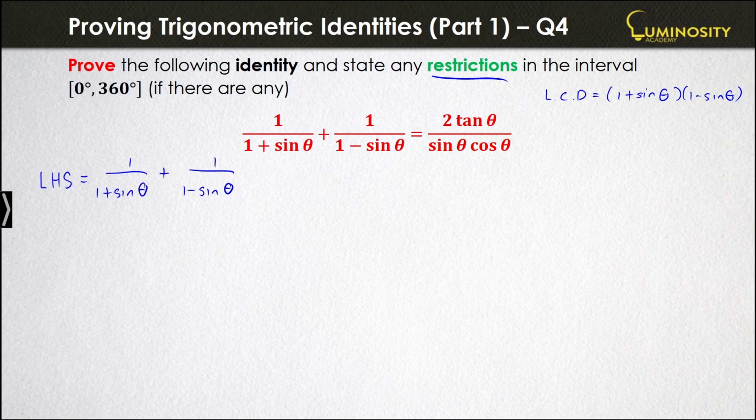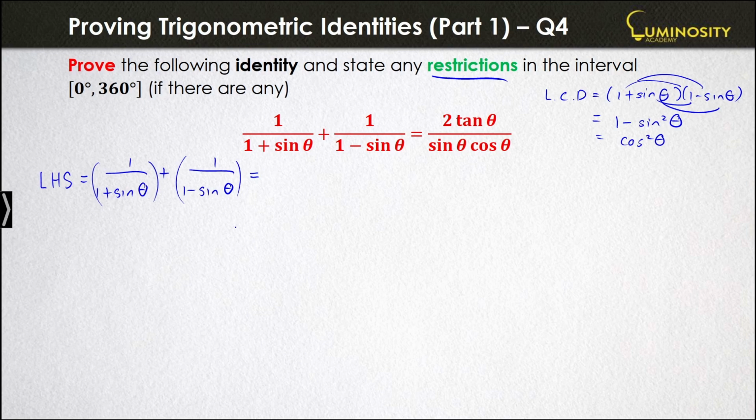We can simplify that if we expand those terms out in the brackets. This is the difference of two squares, so we get 1 minus sine squared theta. But that is a very famous trigonometric identity that becomes cos squared theta, because sine squared theta plus cos squared theta equals 1.